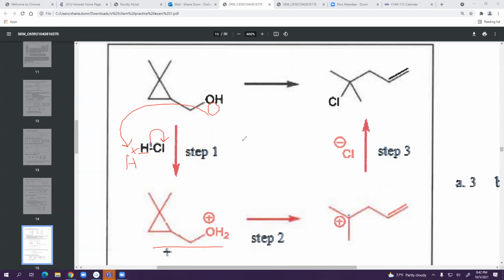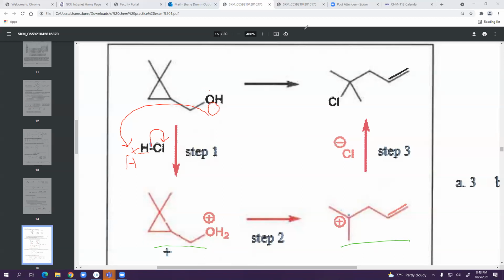Next, I am going from the red molecule, I will use a different color so we can see. I'm going from this molecule to this molecule. What's the difference? A lot is different. What happened to my water? My OH2. It's gone. Well, it left, right? Oxygen's positive. Does oxygen want to be positive? No, it doesn't, right?